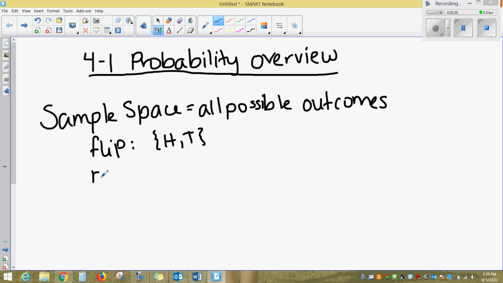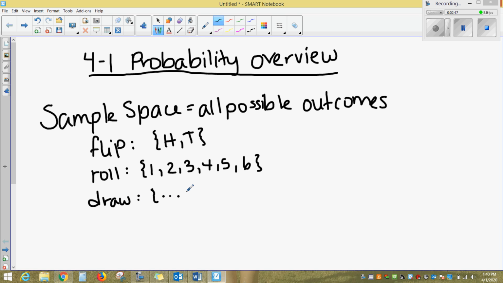If I roll a single die on the table, then my outcomes are the numbers 1 through 6. I could roll a 1, a 2, a 3, a 4, a 5, or a 6. If I were to draw a card out of the deck, there would be 52 elements in that sample space. I'm not even going to start writing them down.